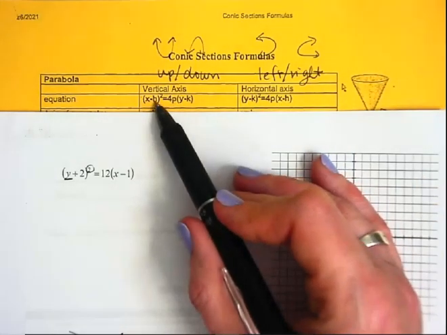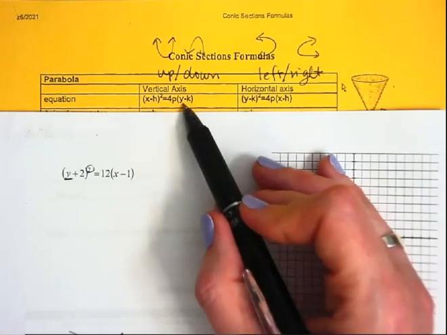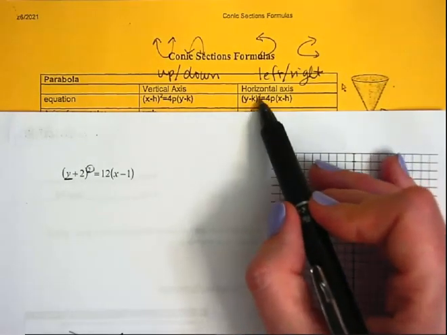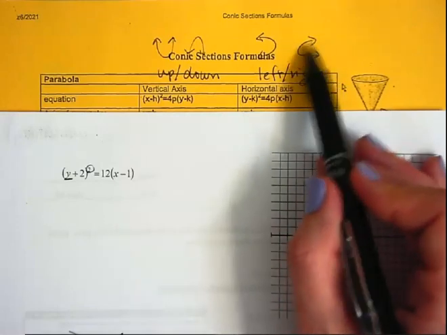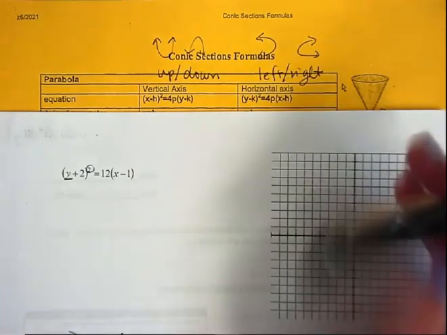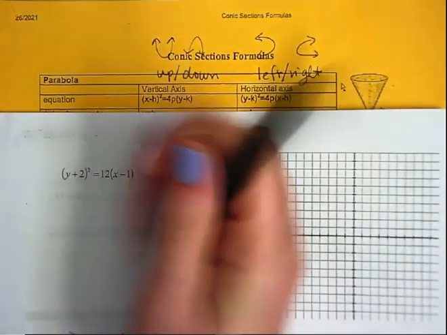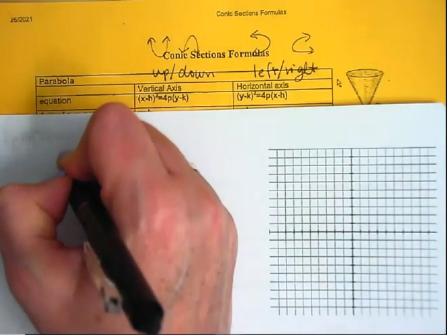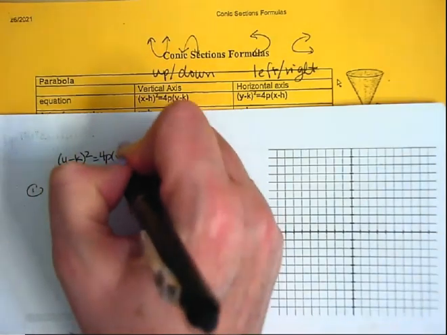So h will always be coupled with x and k will always be coupled with y. Here the y is squared, and that's our clue that these parabolas are going to be opening either to the right or to the left on the horizontal axis. So we're going to go through our steps, and I'm going to write the general form up here so it's an easy comparison to the specific one.